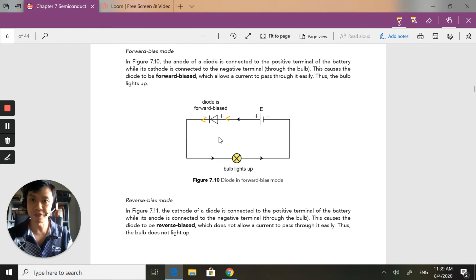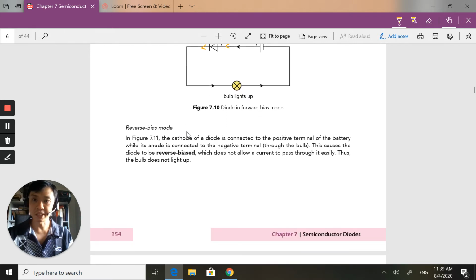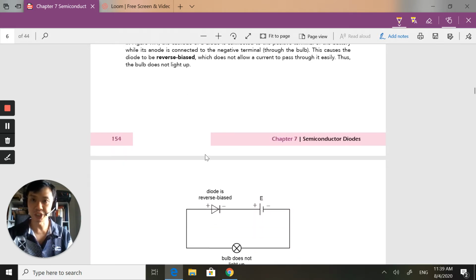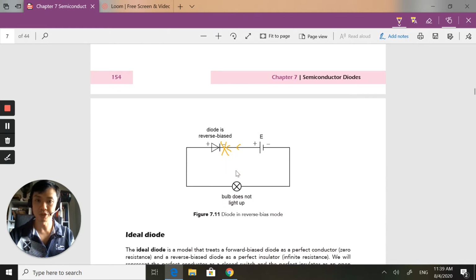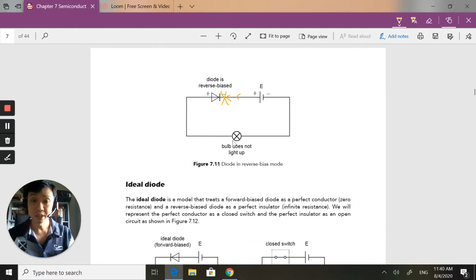This is called forward bias. But if I place the diode in the reverse direction, the current would want to come over here, but then it meets a barrier and therefore no current flows. In this case, we say that the diode is reverse biased. No current will flow and therefore the bulb does not light up.